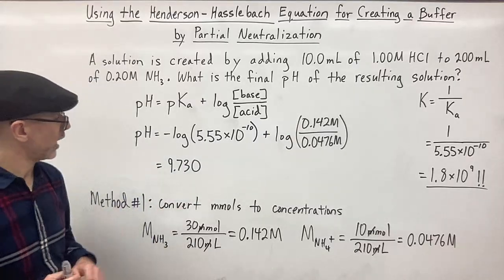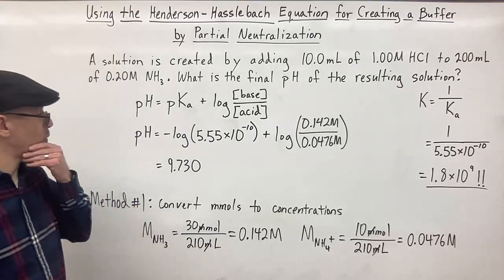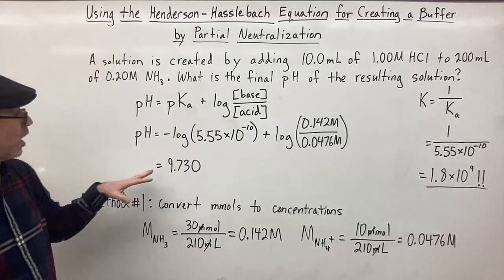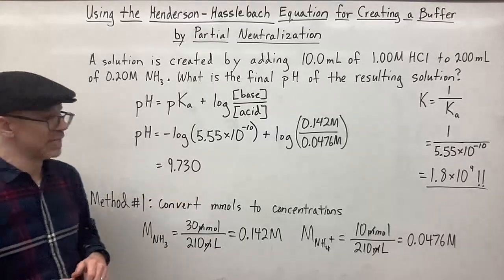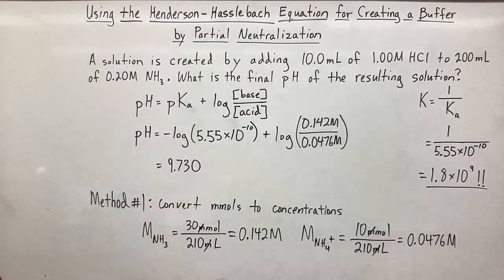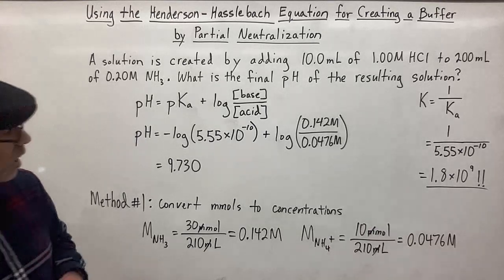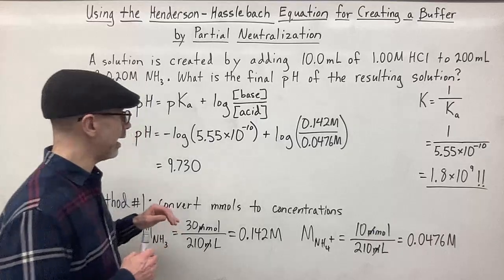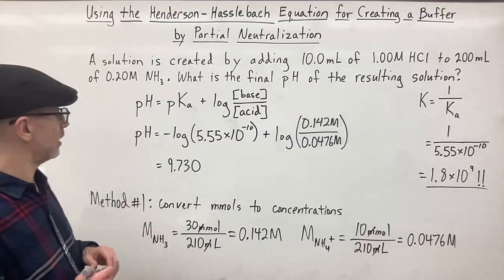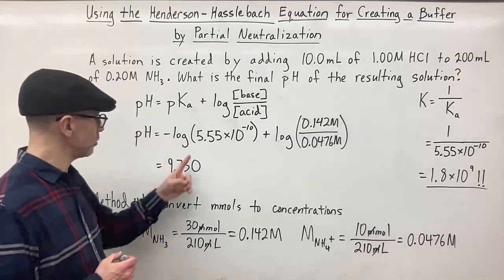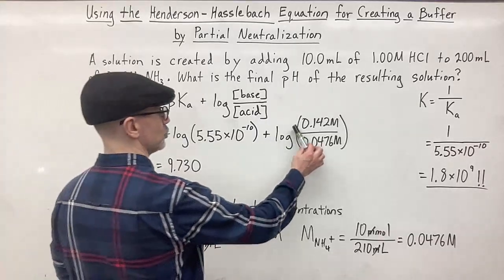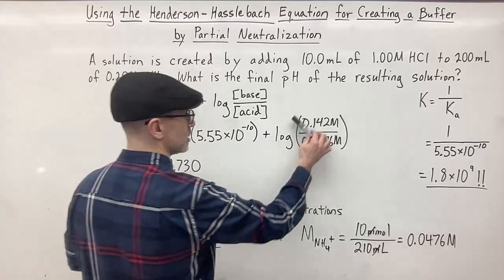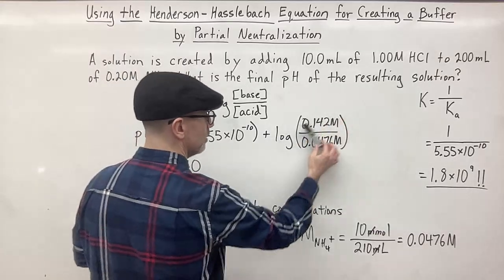Okay, now I want to point out that for the pH, we have 9.730. The pKa, if I remember correctly, is going to be less than that, and the pH is going to be higher, or is going to be lower, because the concentration of the base is so much greater than the acid.